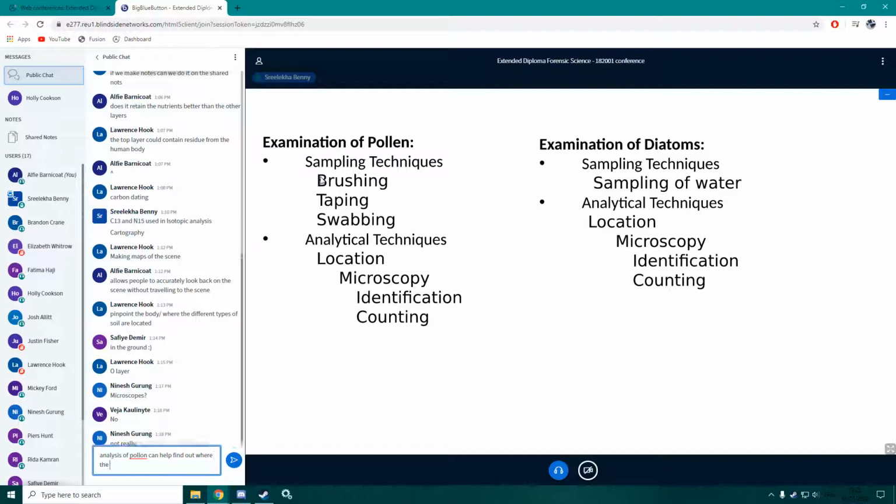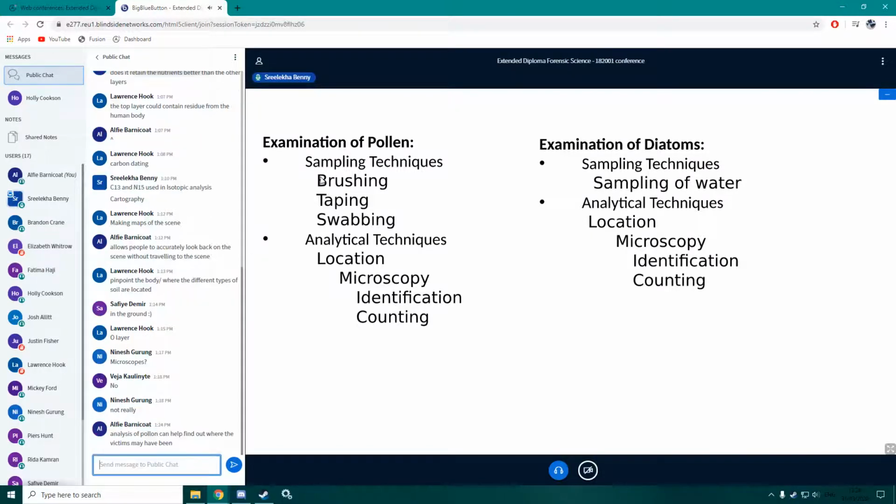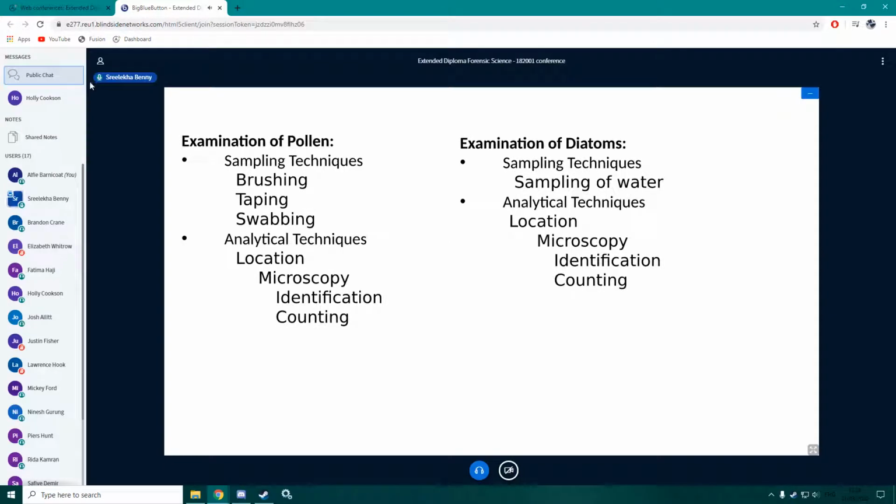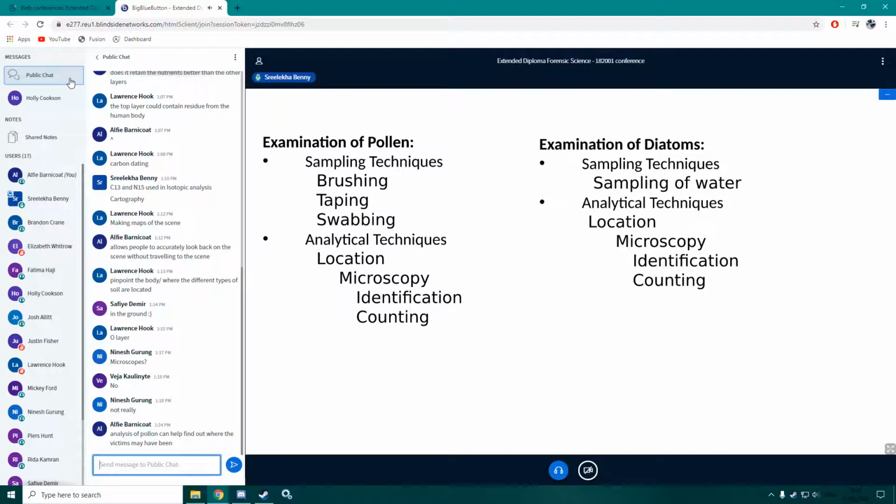Okay, you can say which, because pollens are seasonal, right? So you can estimate the season of death or the last time the victim was in that environment. Also, each pollen has a different habitat.